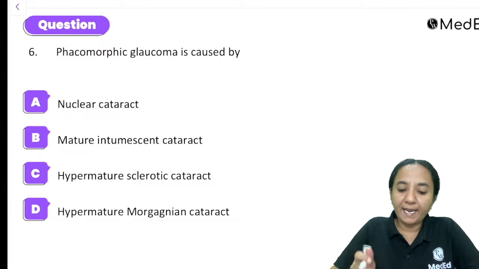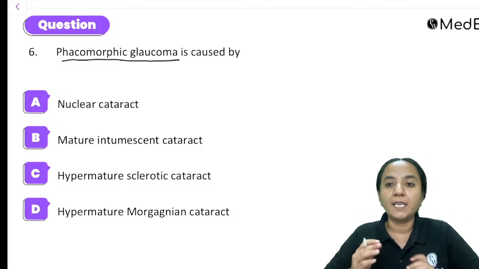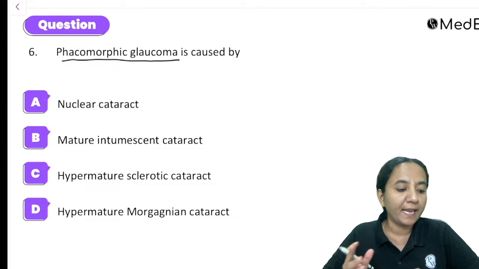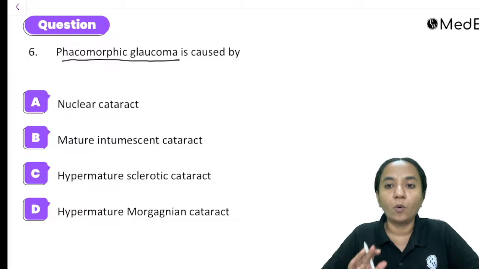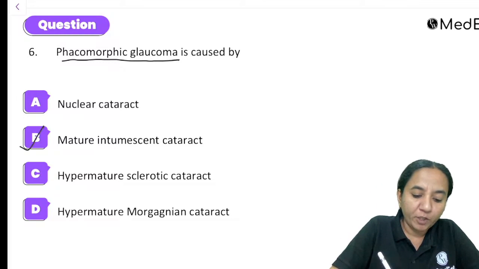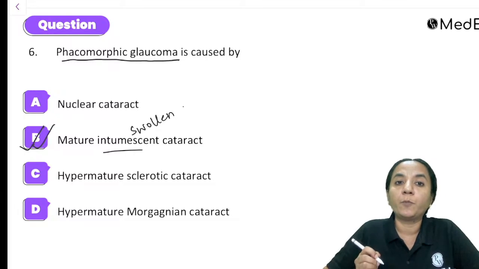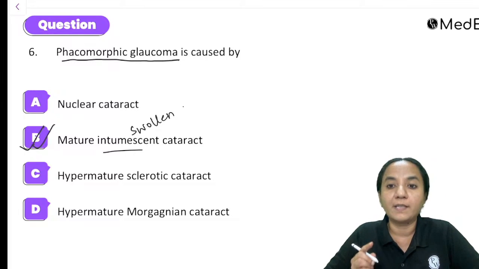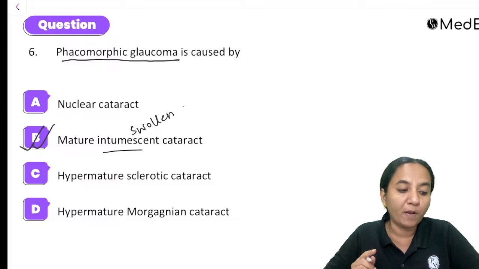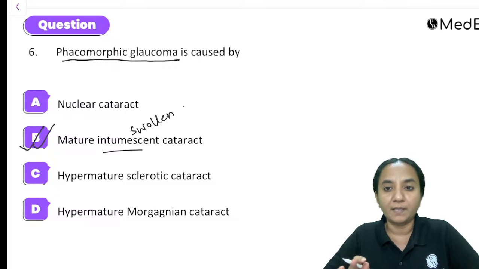The answer is a mature intumescent cataract. Intumescent means swollen. Here the swollen lens pushes the iris forward and closes the angle. So phacomorphic glaucoma is the most important complication of a mature intumescent cataract.